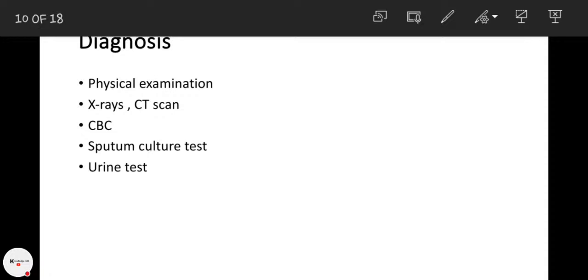The others are X-rays, CT scan, CBC, sputum culture test, and urine tests. In physical examination, we look for physical signs and symptoms such as cough, difficult breathing, blood in the sputum, and pus.